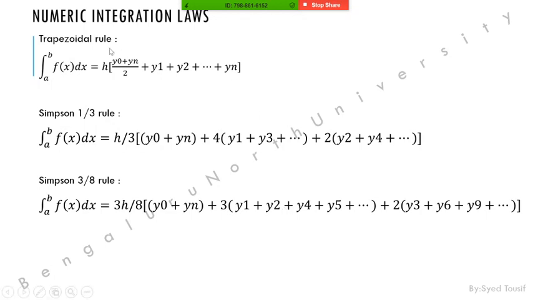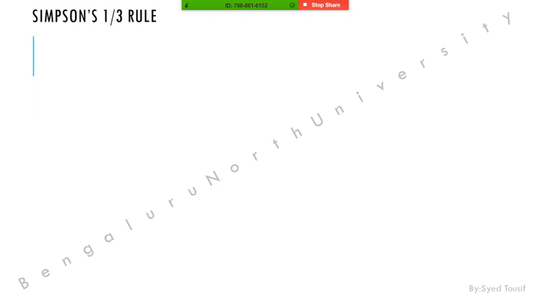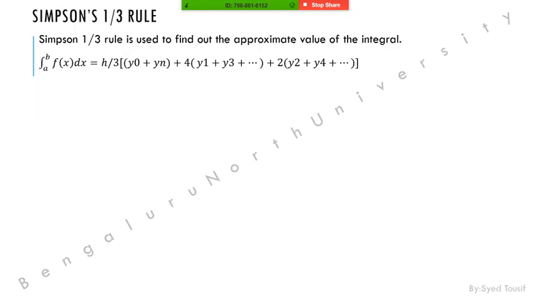So our topic is Simpson one-third rule. In this one we are going to calculate the approximate value for an f of x curve. Okay, we know this formula. So we are going to calculate h is equal to b minus a divided by 2. Sorry, it's not 2, it's n.